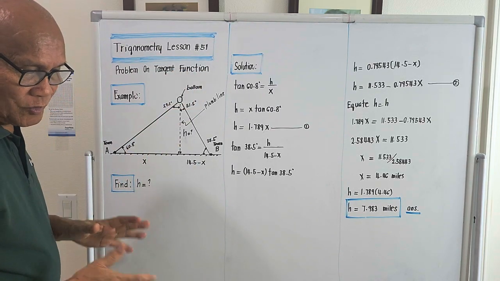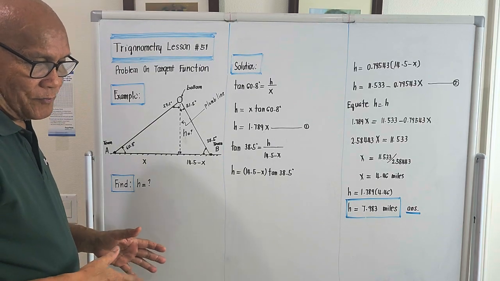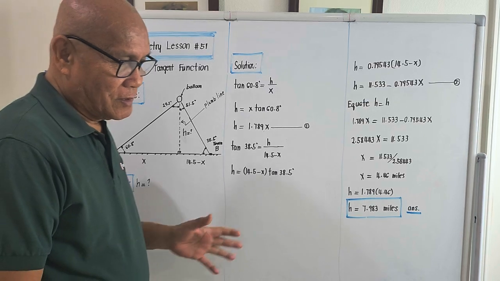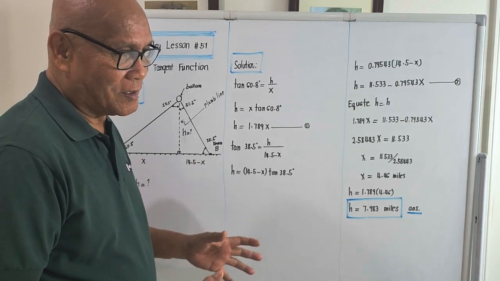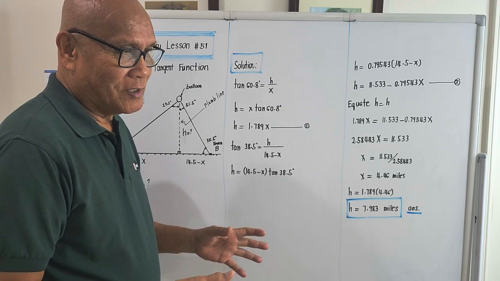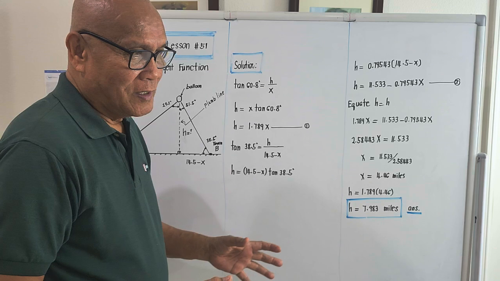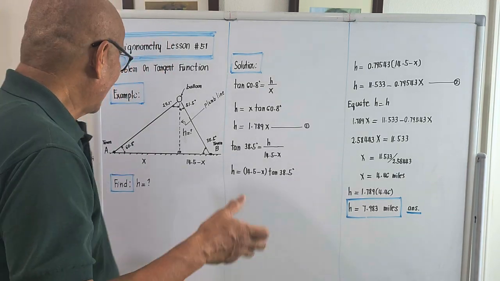This is almost similar to the tangent law, but the tangent law refers to the solution of an oblique triangle. But for this, luckily, it falls under a right triangle, so we will just be using the ordinary tangent function, not the tangent law per se. Okay, let's proceed.